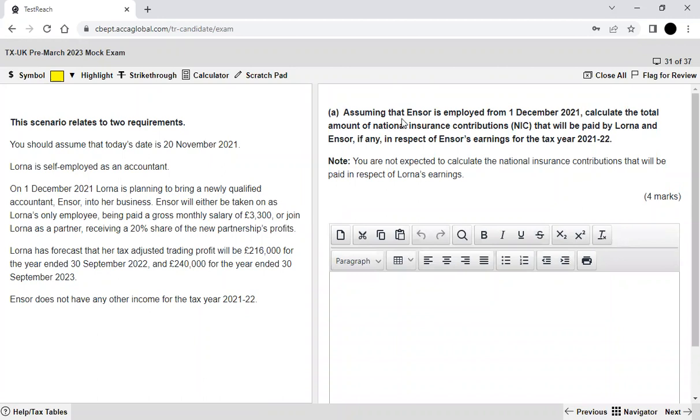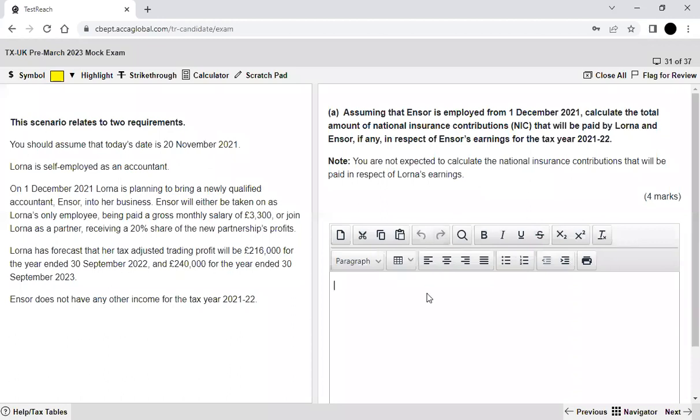Requirement A, assume that Esnor is employed from 1st December 21. Calculate the total amount of NIC that will be paid by Lorna and Esnor, if any, in respect of Esnor earning for the tax year 21-22. You are not expected to calculate the NICs that will be paid in respect of Lorna's earnings.